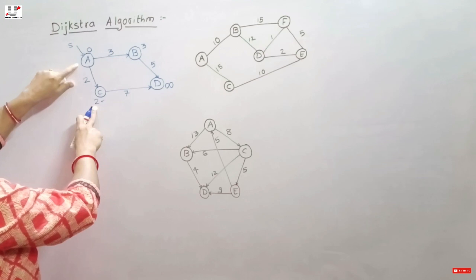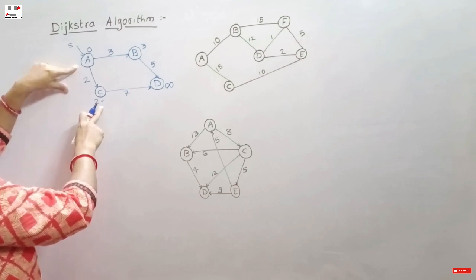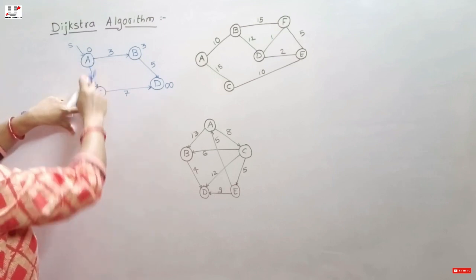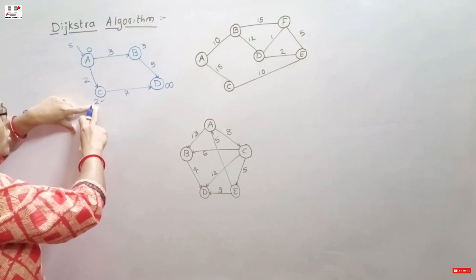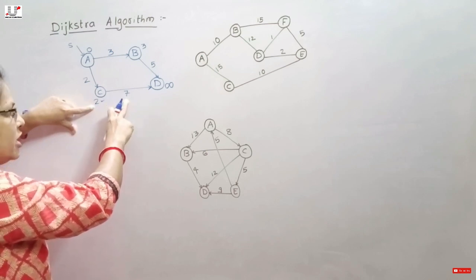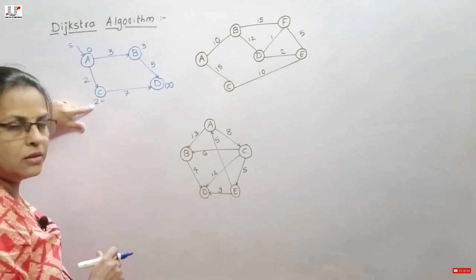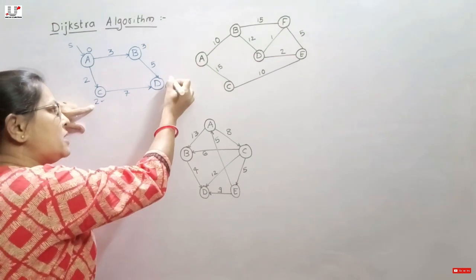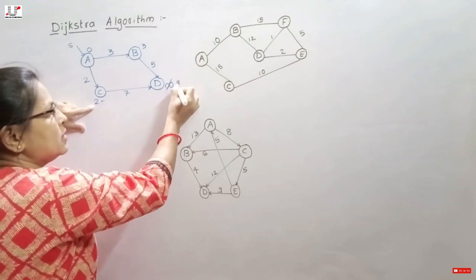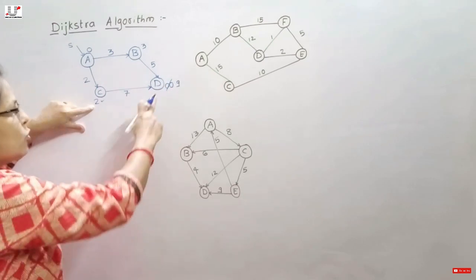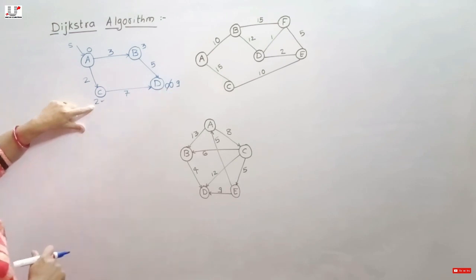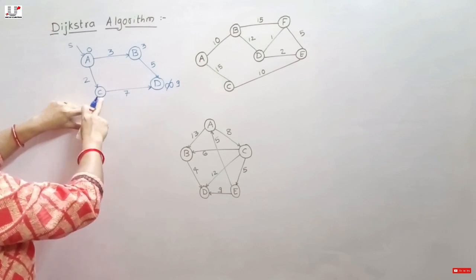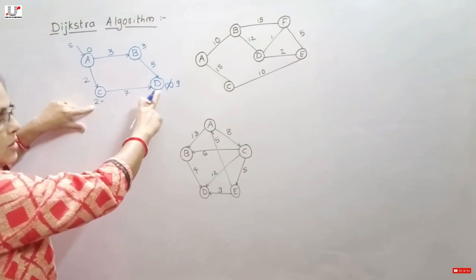So Dijkstra starts traversing via vertex C towards D. From A to C the distance is 2, so 2 plus 7 gives the distance 9. And 9 is smaller than infinity, so we replace that infinity with 9. So the distance from A to D via C is 9.